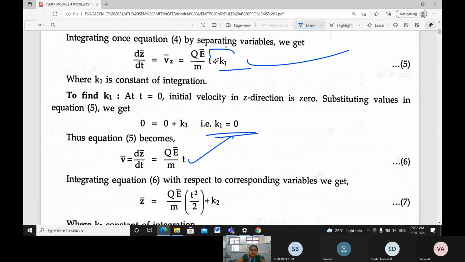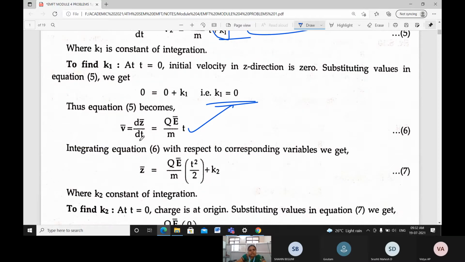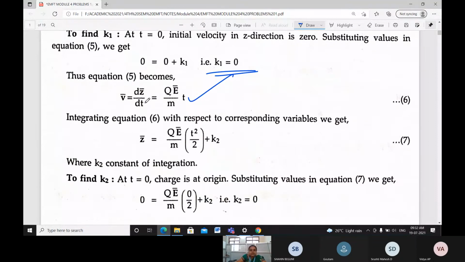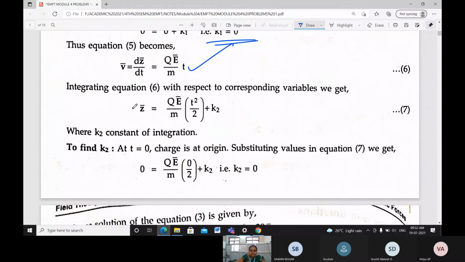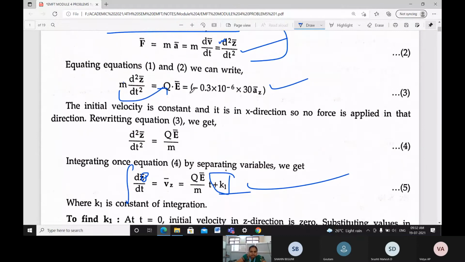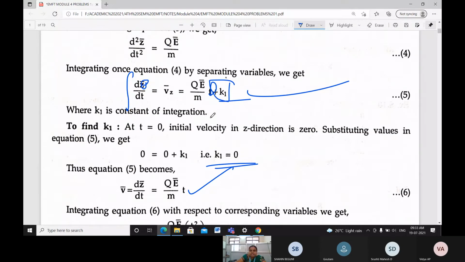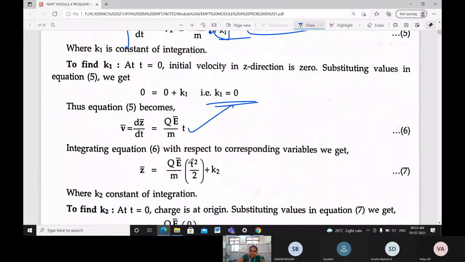Now we want z, so integrating the equation one more time, t integrates to t square by 2. Therefore z equals q E divided by m, t square by 2, plus a constant k2.